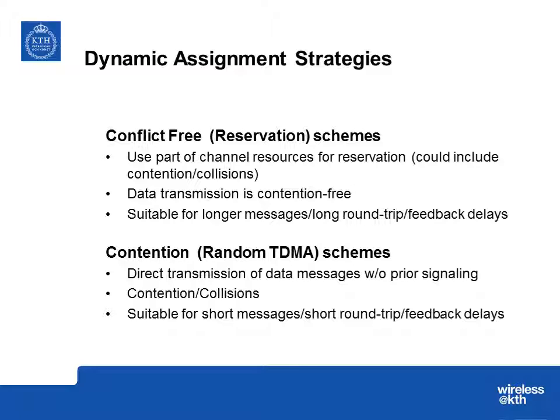In these schemes, we simply transmit the messages on the channel and use the feedback information from the receiver to determine whether the transmissions were successful or not. And if the transmissions are not successful, we have to retransmit them according to a certain procedure.